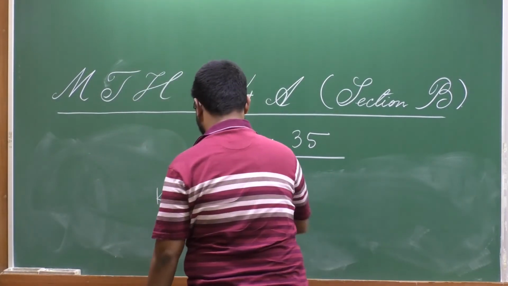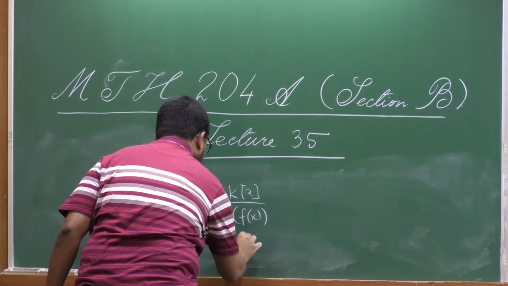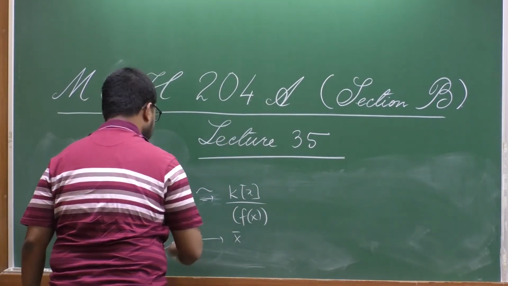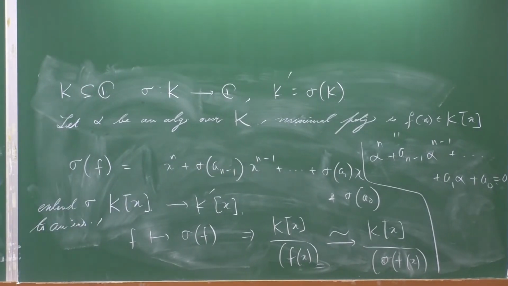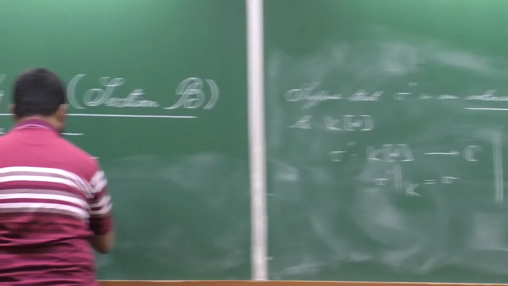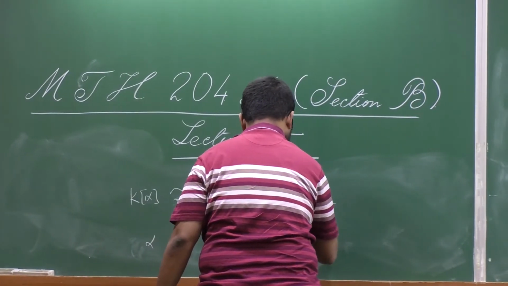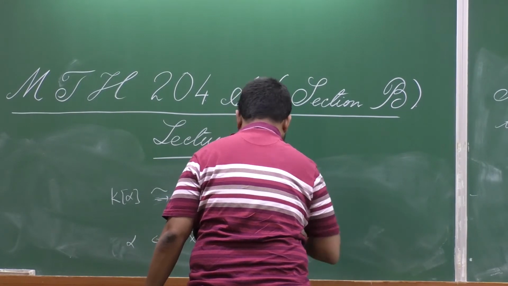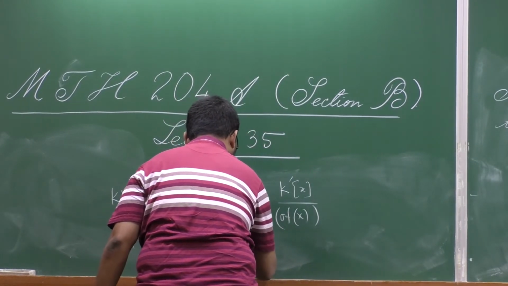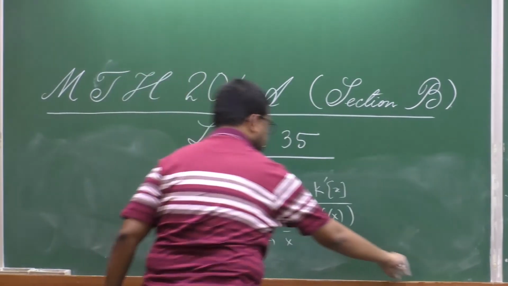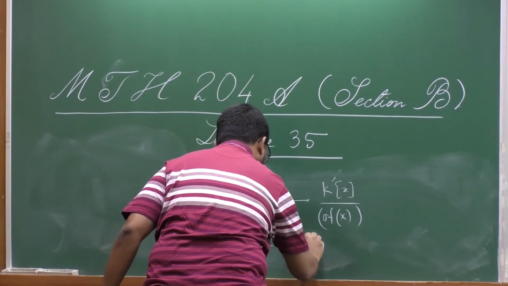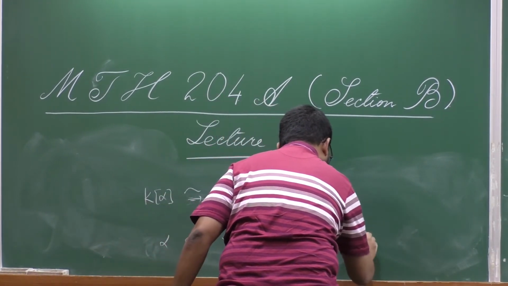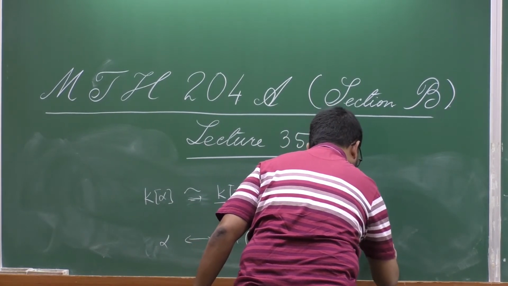Of course, we have an isomorphism which sends x bar to alpha, and from here we have an isomorphism that also sends x bar to x bar. Sorry, here I should not say x bar: it sends x plus (f(x)) to x plus (sigma f(x)).